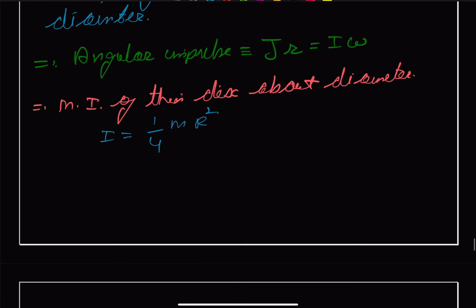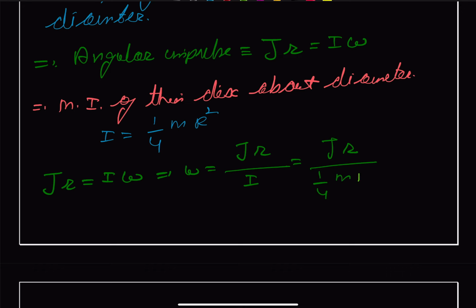So we can write that our Jr is equal to I omega, which gives omega equal to Jr upon I, giving us Jr over 1/4 mr square.